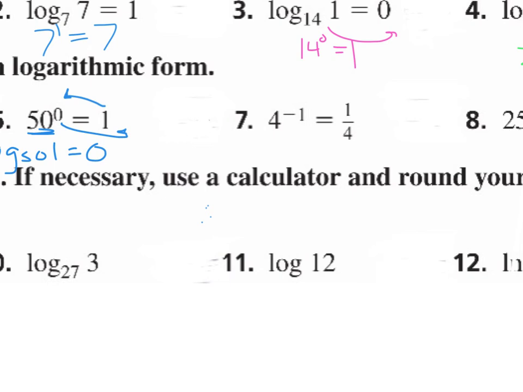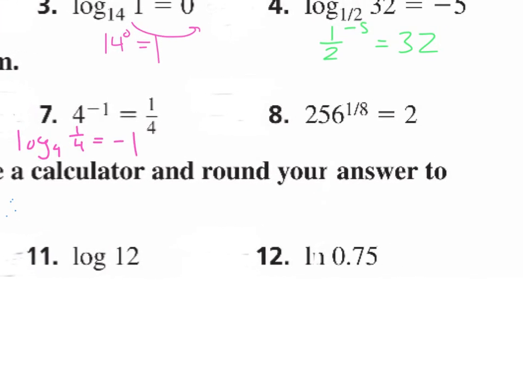Ethan, what'd you get for number 7? Log 4 of 1/4 equals -1. So log base 4 of 1/4 is equal to -1. Perfect. Julia, what'd you get for number 8?